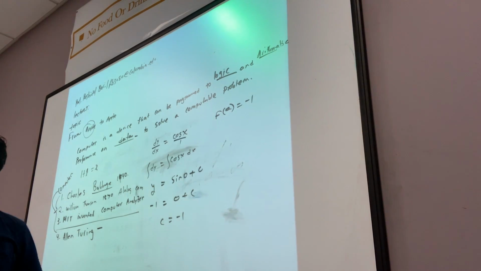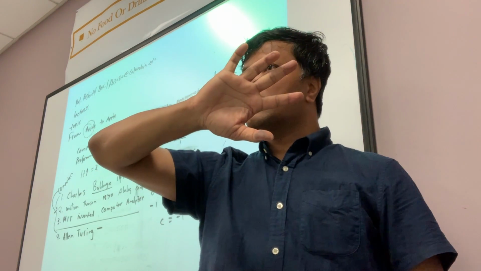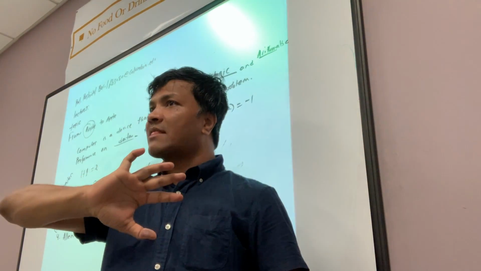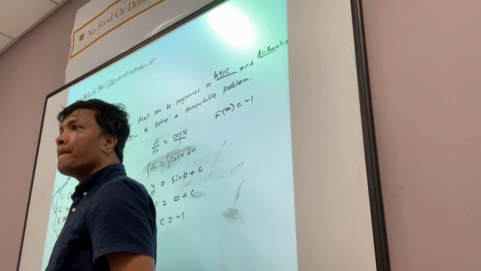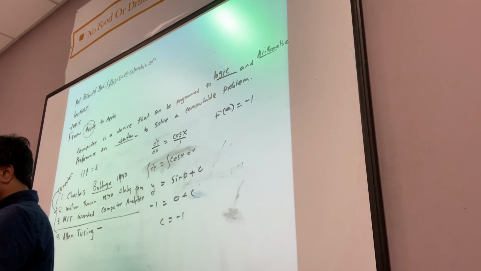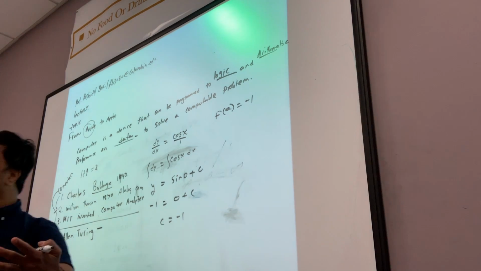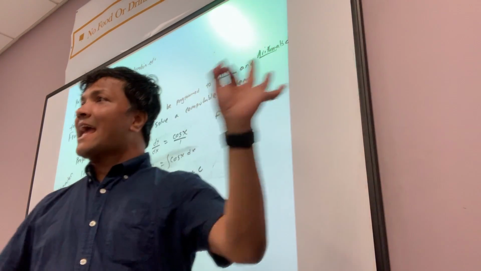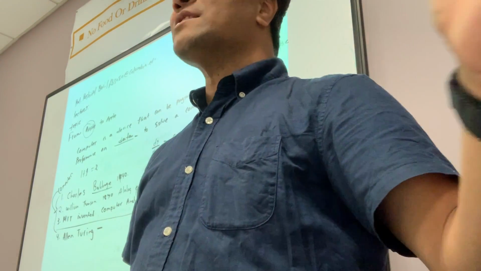David Hilbert wrote a problem. Is there any machine anybody can invent using math which can give us a decision in yes or no? That's it. Is there any way you can use math to invent a machine that can give us a decision in the form of what? Yes or no? Is there any God? Yes or no?